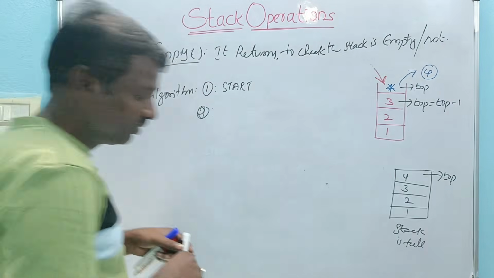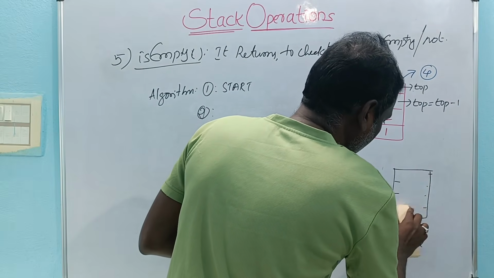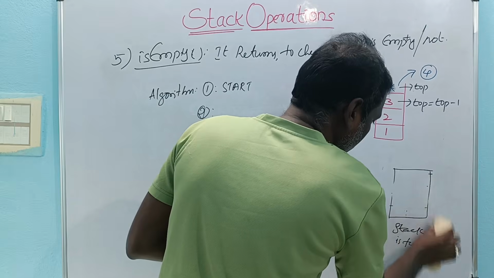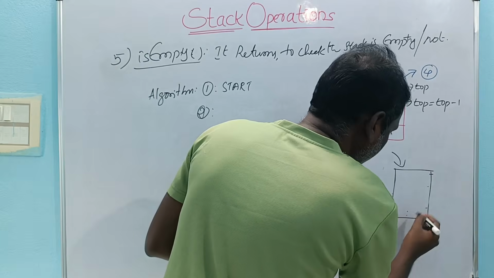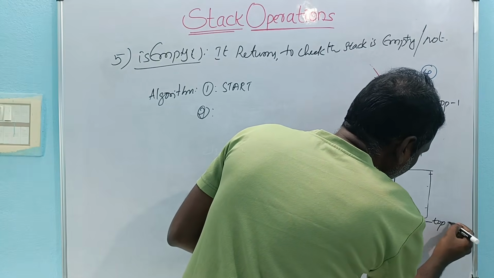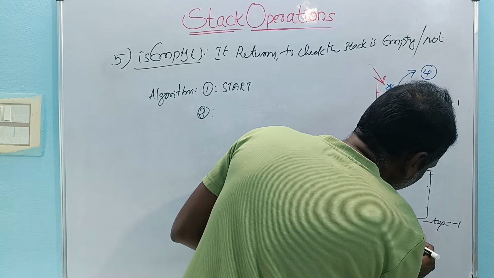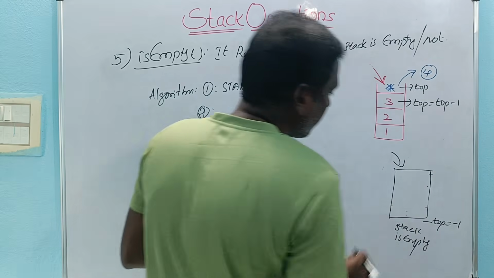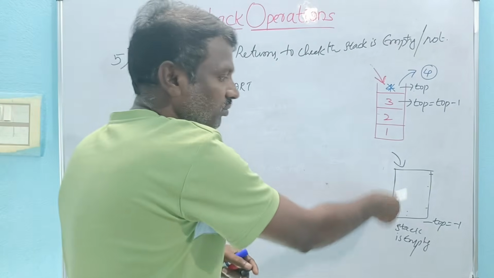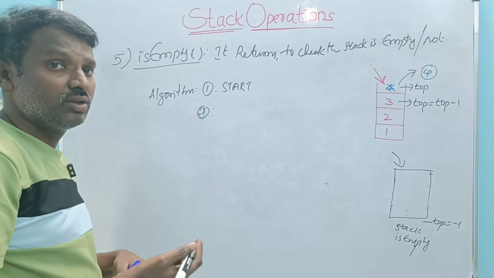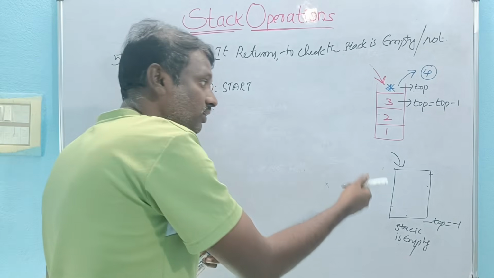See, observe: top equal to minus 1, the stack is empty. So in the second step, if the stack is empty, at that time where is your top element? Top equal to minus 1. So your stack is empty.